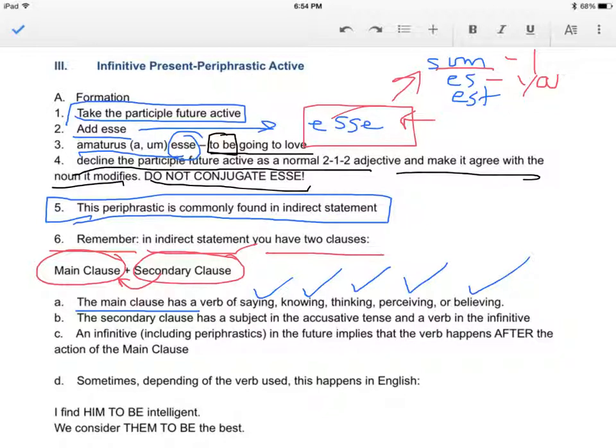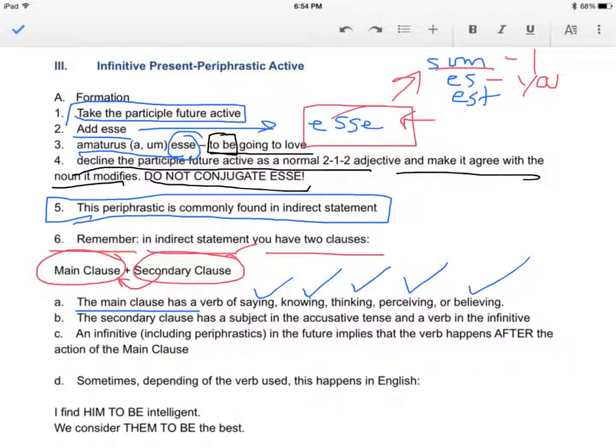Any kind of verb that says, knows, I state, I argue, I opine, I consider, any verb that falls in the category of saying something, knowing something, thinking something, perceiving, or believing can introduce a clause of indirect statement.